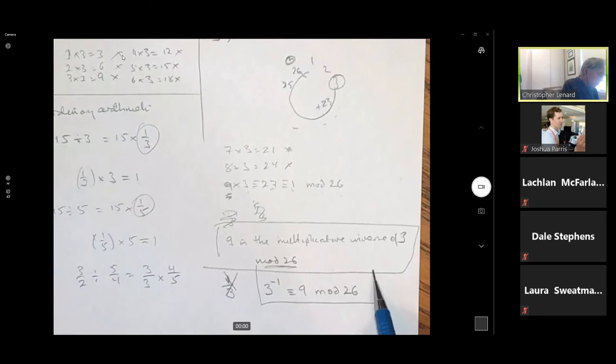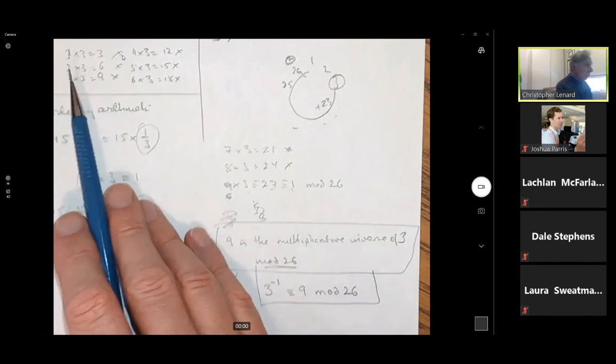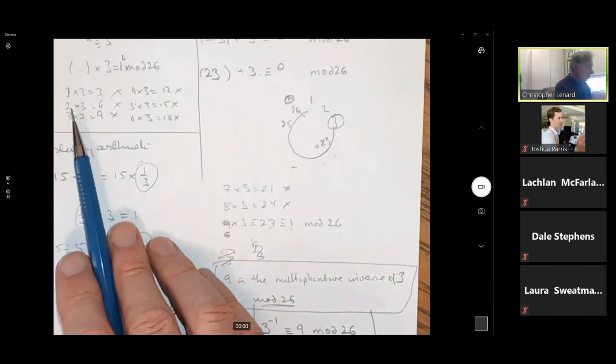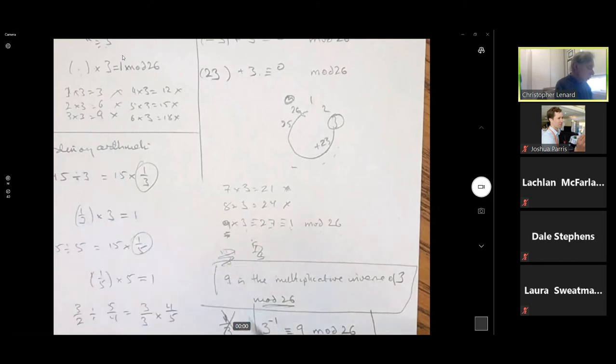And just be careful, that doesn't mean 1/3 like we've been doing with ordinary arithmetic. What we say is that this is the multiplicative inverse of 3, or just the inverse of 3 is equal to 9. So this is really quite interesting about how this mod 26 system works, that you've got two things which multiply together to give you 1, and that's not a fraction.